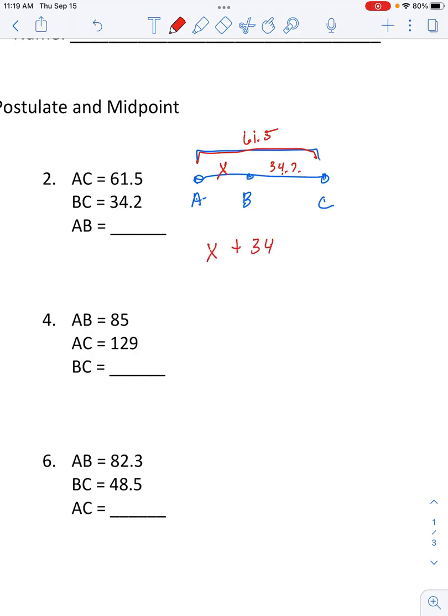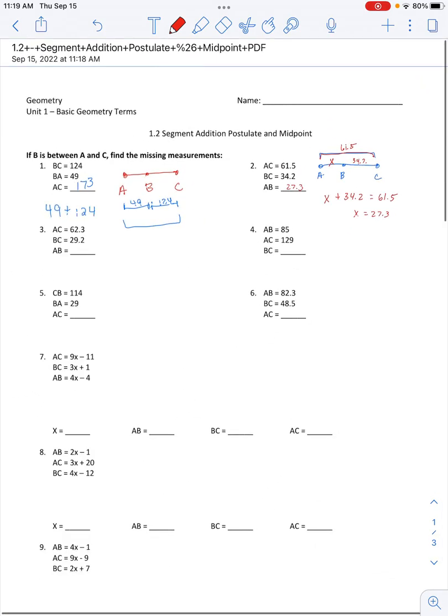We know BC is 34.2. And they add up to make 61.5. To solve this, you'll just subtract the 34.2. And of course, you're welcome to calculators for this. So 61.5 minus 34.2 will give me 27.3. And that's what you'll do for the rest of these problems.